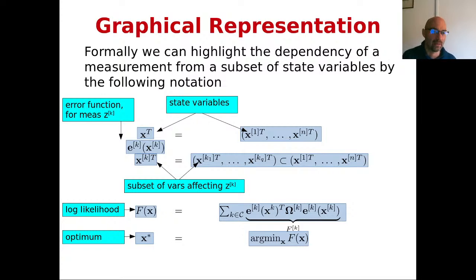In general, they are heterogeneous. The only aspect that they share is that they each involve a subset of variables. In the case of the odometry, clearly the variables involved, this xk of the odometry, will consist of two variables that are one pose and the next. Okay? Now, what we want to do is straightforward, and each of these measurements is attached to its own information matrix.